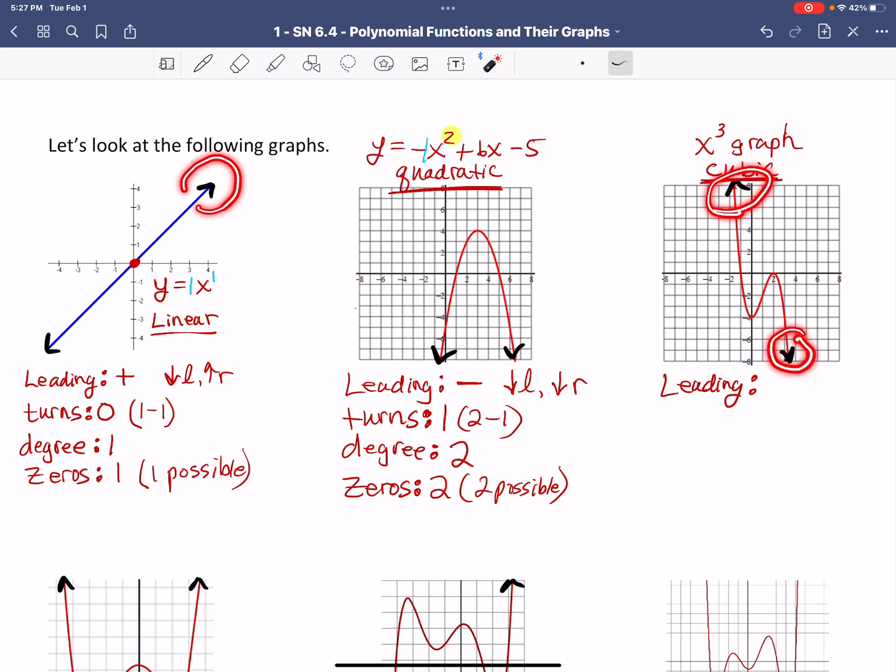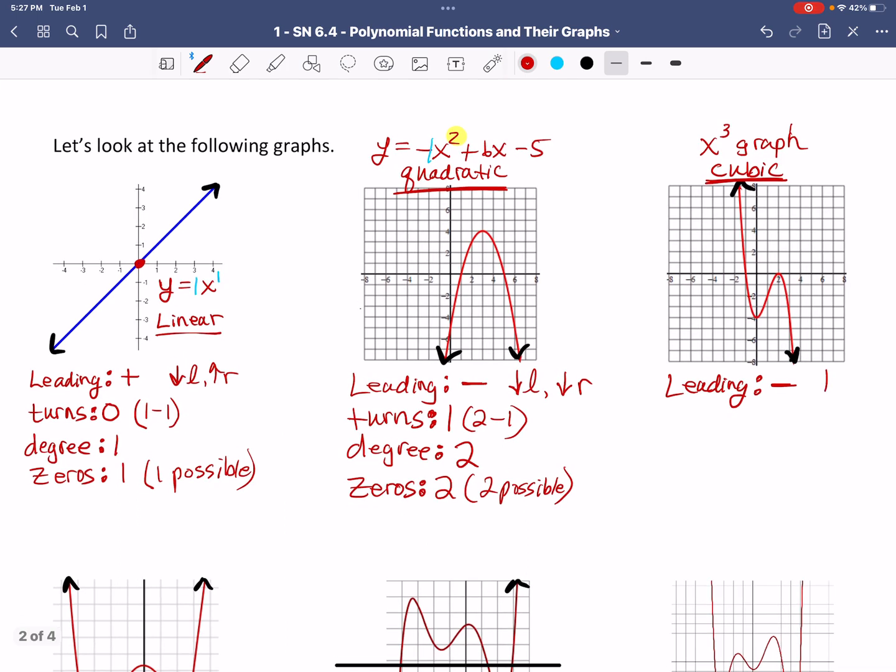Over here, I was going up on the right and down on the left, and that was an odd degree. So the leading coefficient must be the opposite. So my leading coefficient is negative. Its end behavior is up on the left and down on the right.